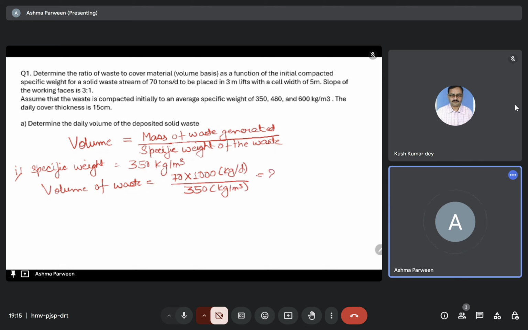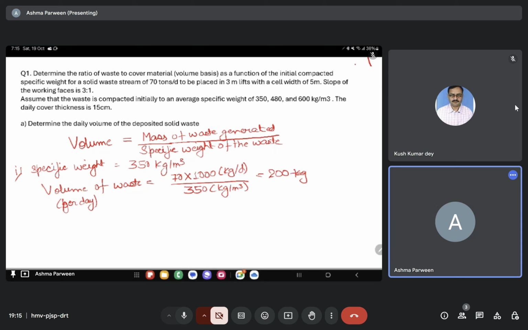We will find the volume of waste to be handled on the basis of per day. So it will be 200 meter cubes.